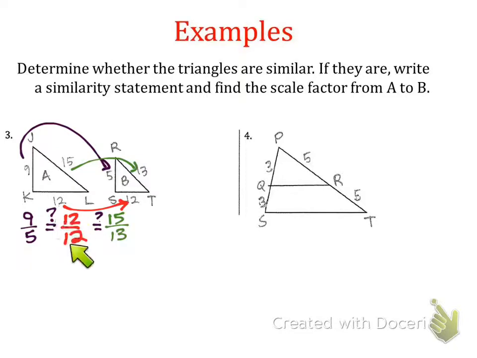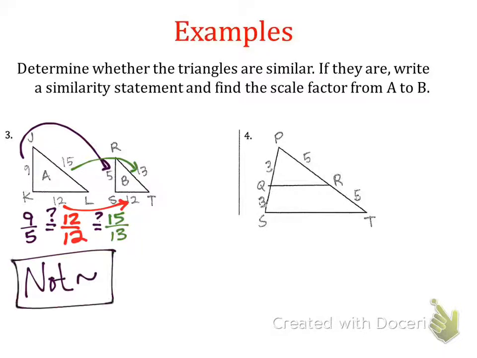Well, this reduces to 1 to 1, but we don't have the same fractions here. These are not similar. So this is an example of not being similar. You go through the process and recognize none of the fractions are the same. Even if 2 of the fractions were the same, if that third fraction still did not match the reduced pieces, you do not have a set of similar triangles.